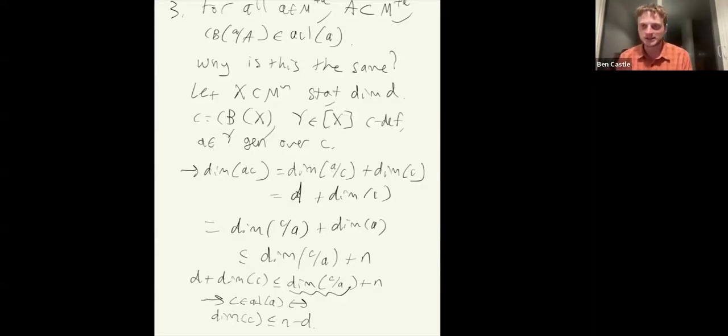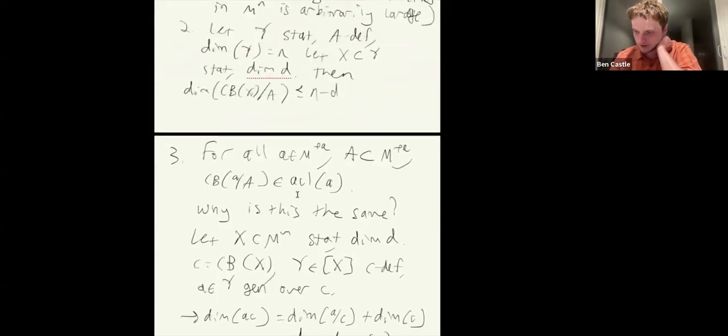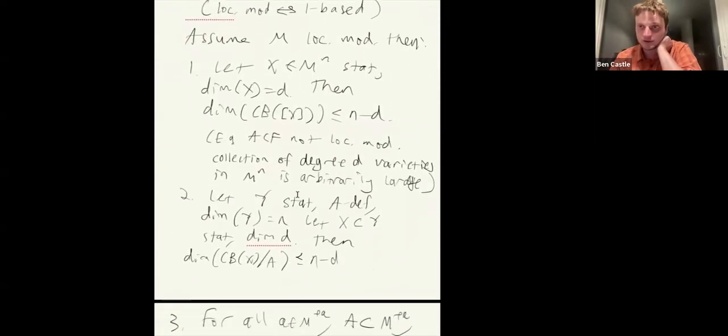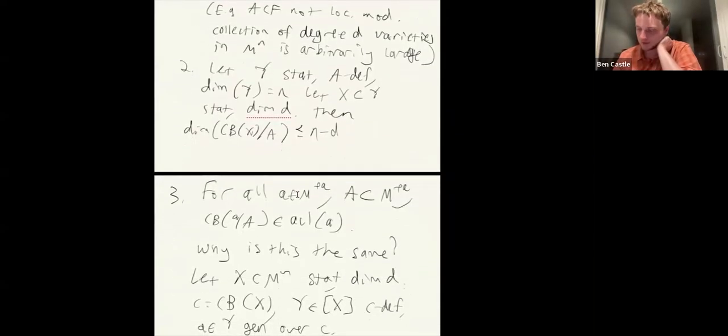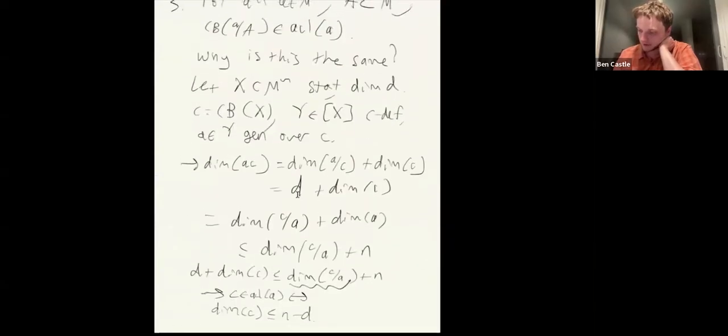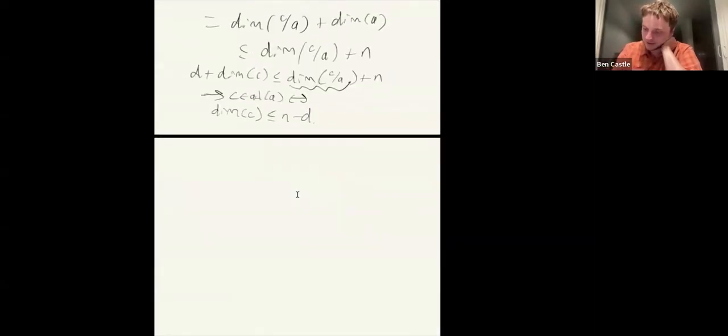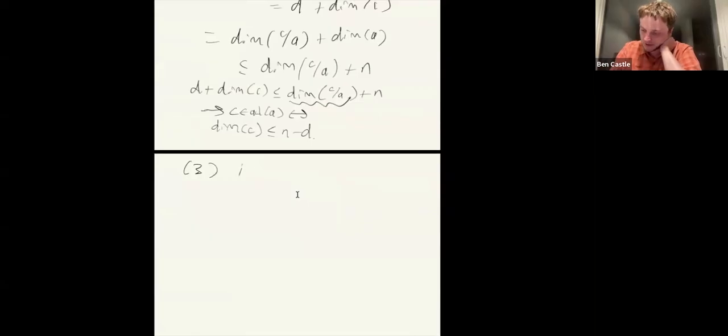Like this C is in acl of A. It's saying knowing one point basically tells you which set you're on. Okay, so these are all equivalent, and they're all equivalent to local modularity. This number 3 is the most helpful, but again, it's the most abstract. Condition 3 is called one-based in abstract stability.